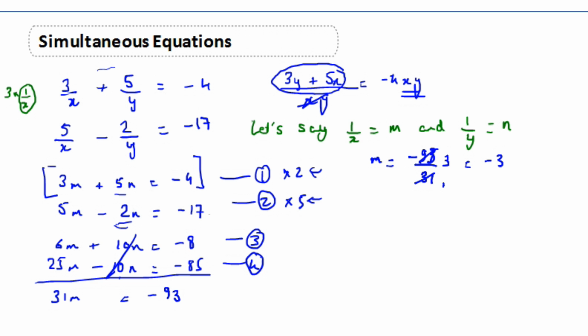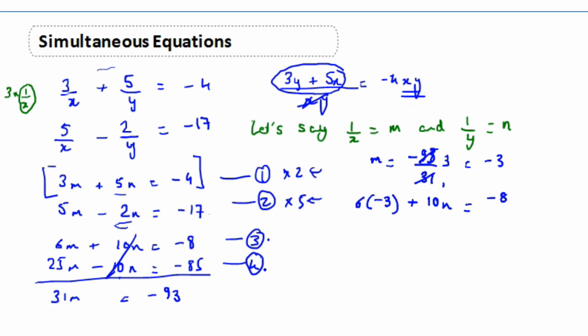Once I've got the value of m, I can put it in any of these equations, either 3 or 4, and get the value of n also. Since equation number 3 has got smaller numbers, I would prefer to put it into that rather than into the fourth equation, because that has got bigger numbers. So equation 3 is 6 times m, which is negative 3 that we have found, plus 10n is equal to negative 8.